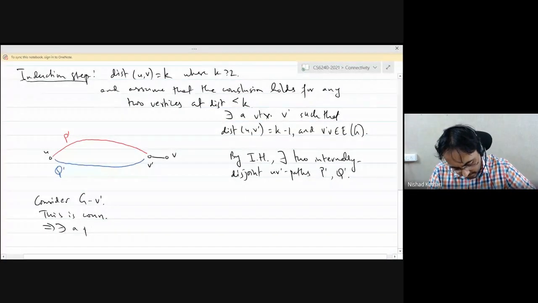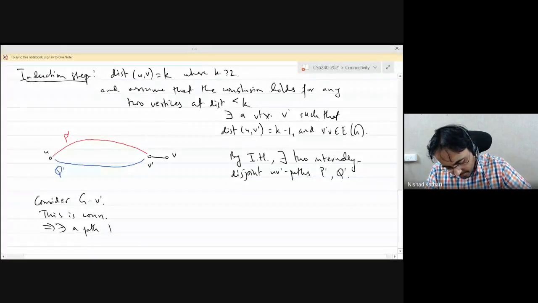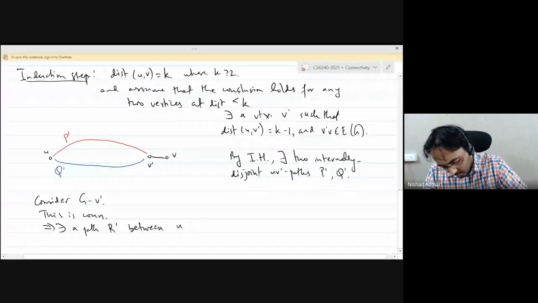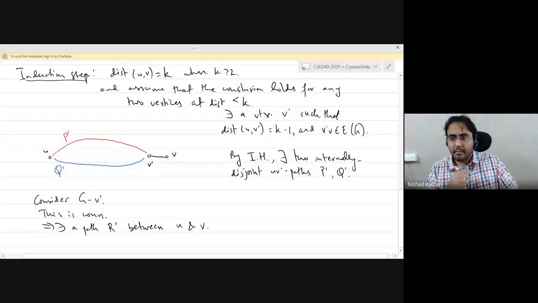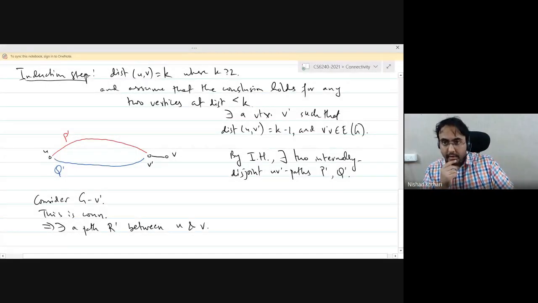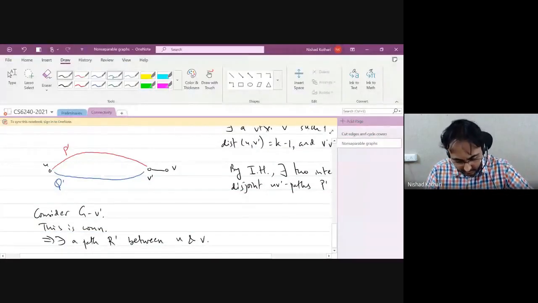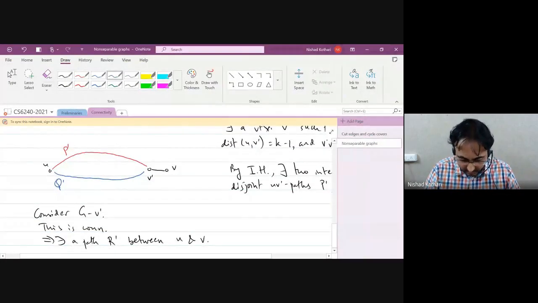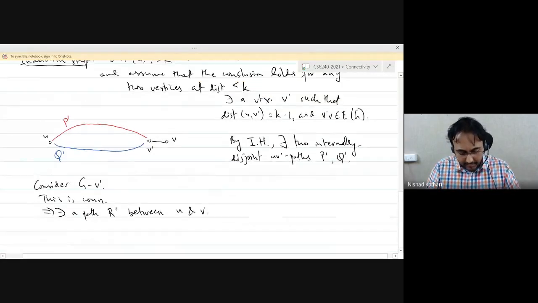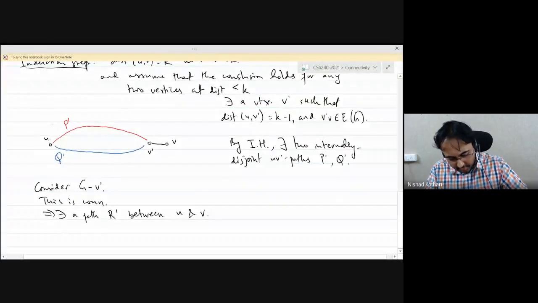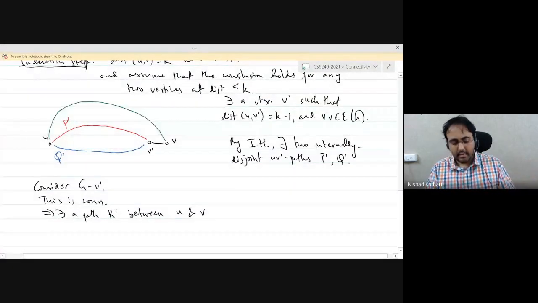There exists a path, let's say R prime between U and V, right? So let's take a look at this path. So let's first look at the nice case, the not complicated case. Supposing this green colored path R prime just looks like that. This would be great, right?